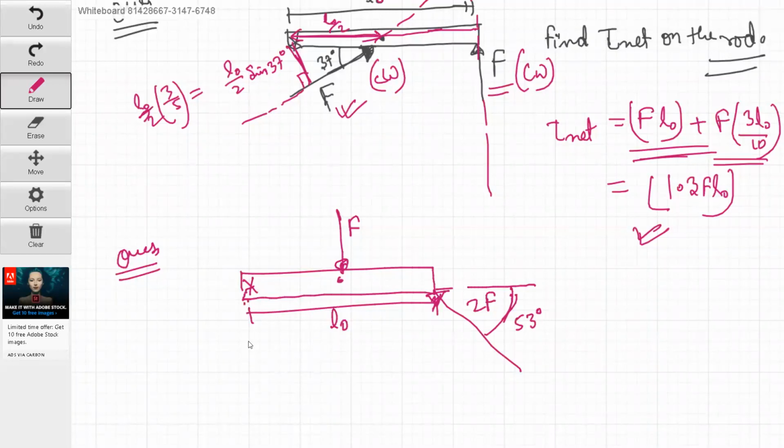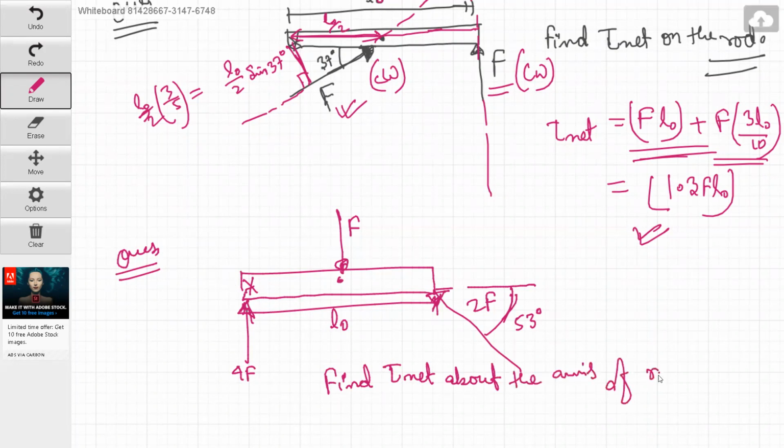And at this point, there is a force of 4F Newton. Find the net torque about the axis of rotation. Is this okay? Do it.